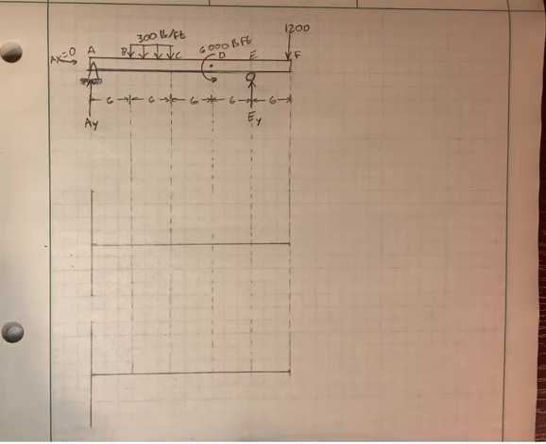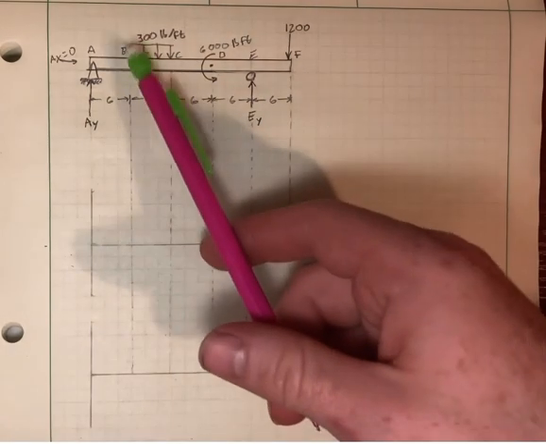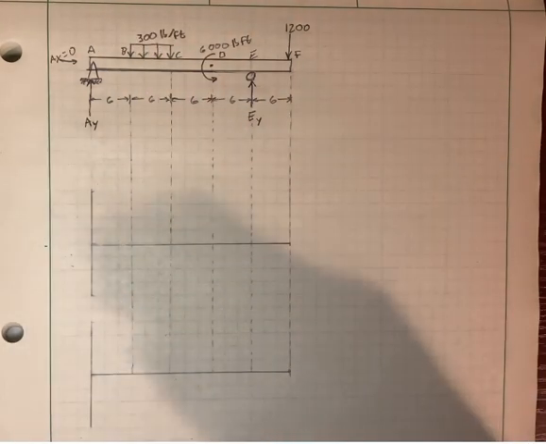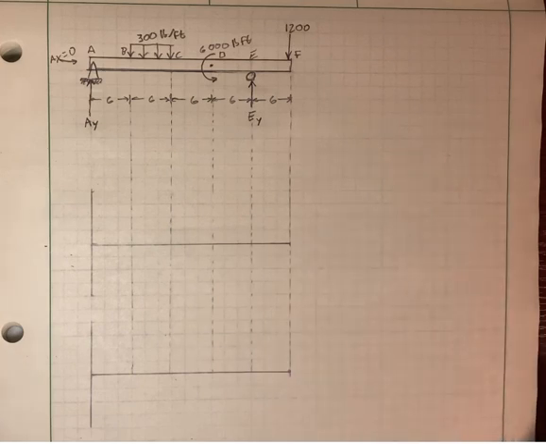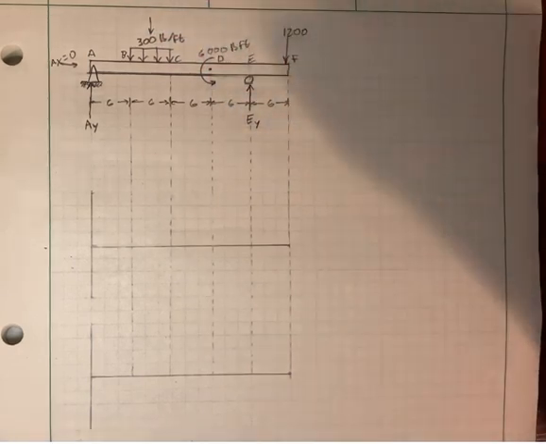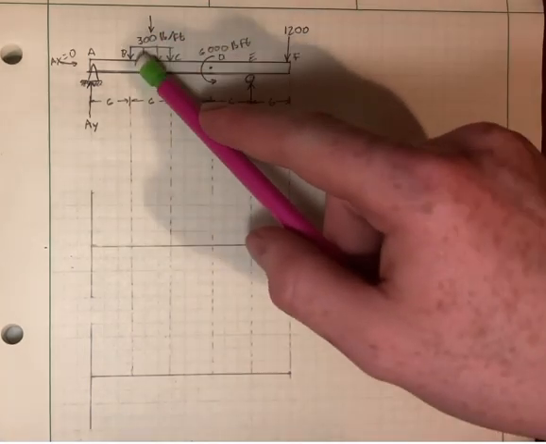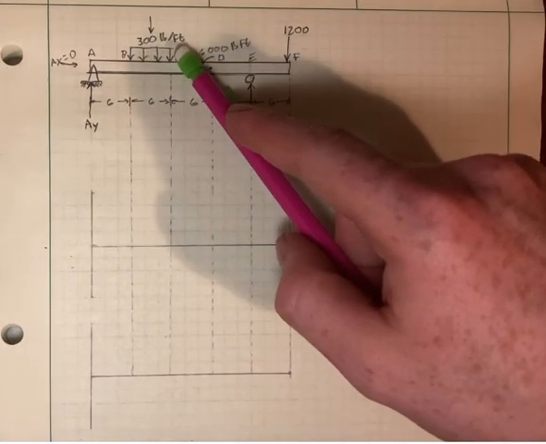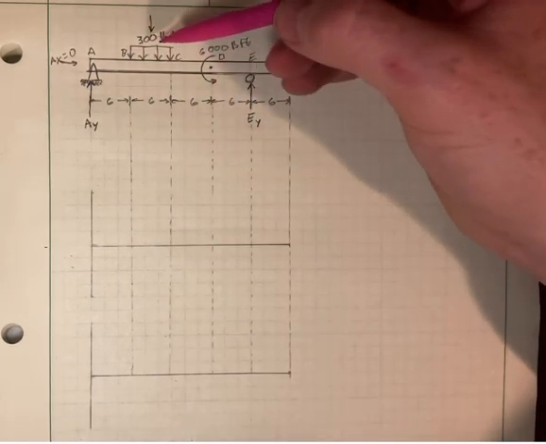One more thing to know about summing moments is that you also want distributed loads modeled as just one point load. You can do that because this is pounds per foot, so 300 pounds per foot.